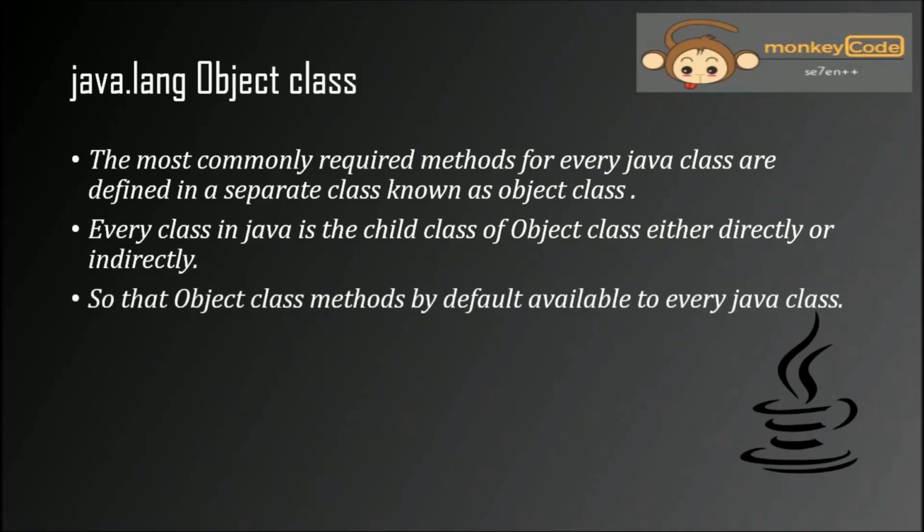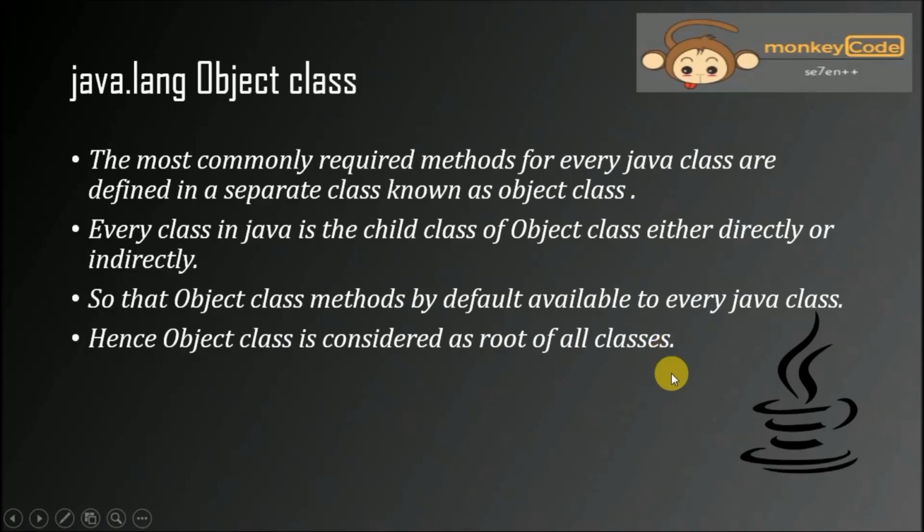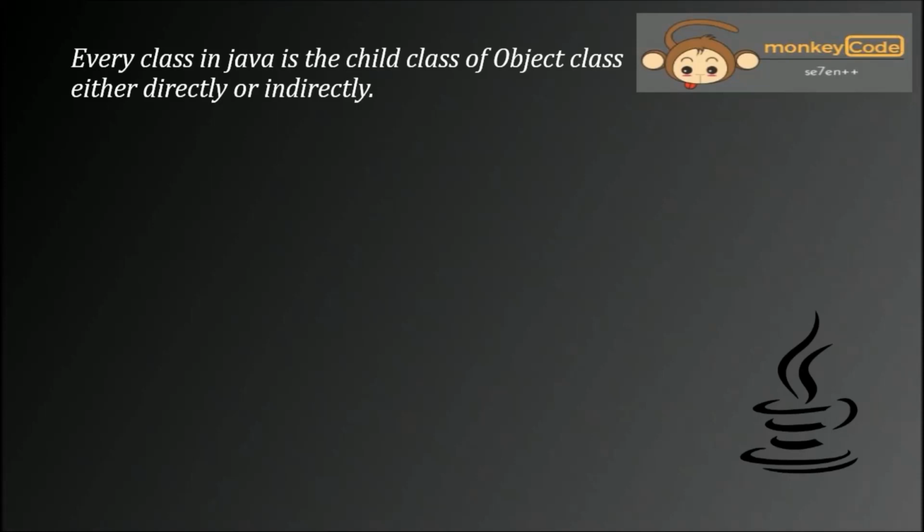The Object class methods are by default available to every Java class, and hence the Object class is considered as the root of all classes. This is the root from where all the methods we can override in our own class.